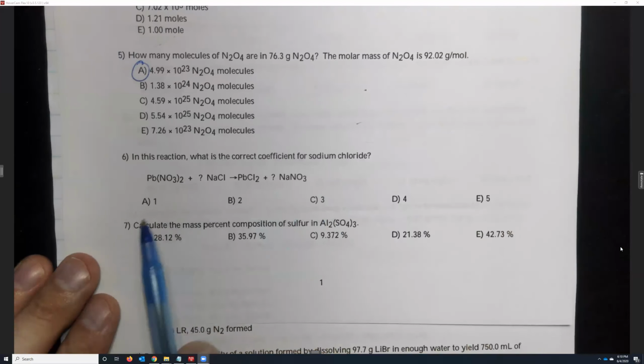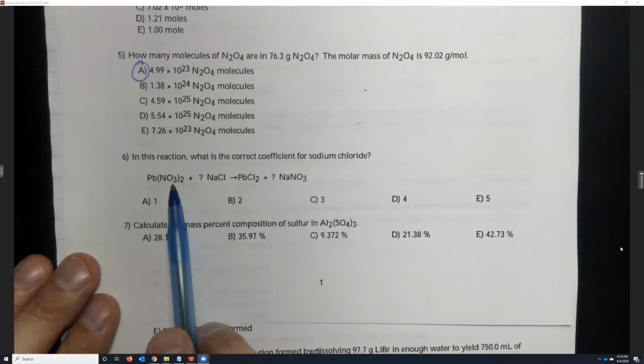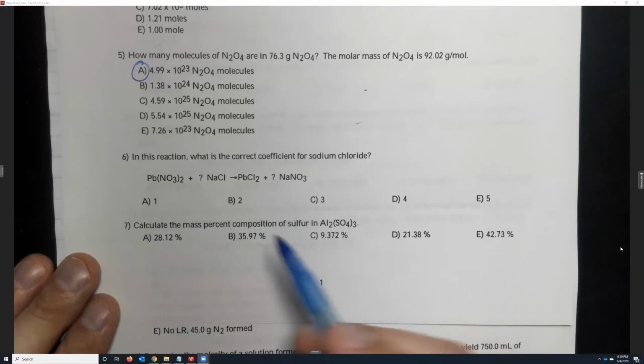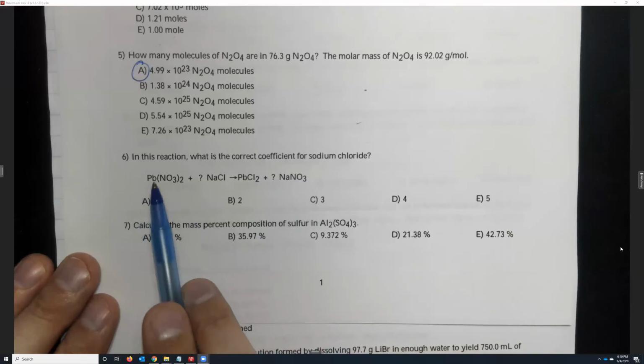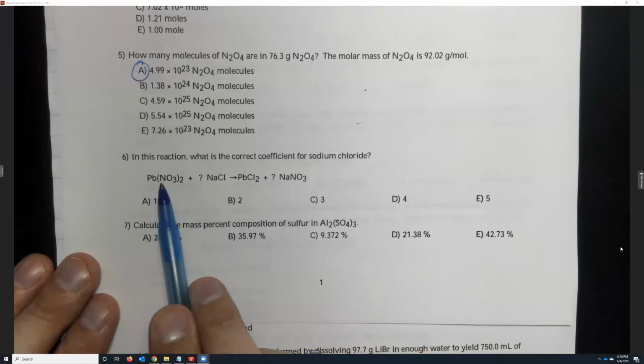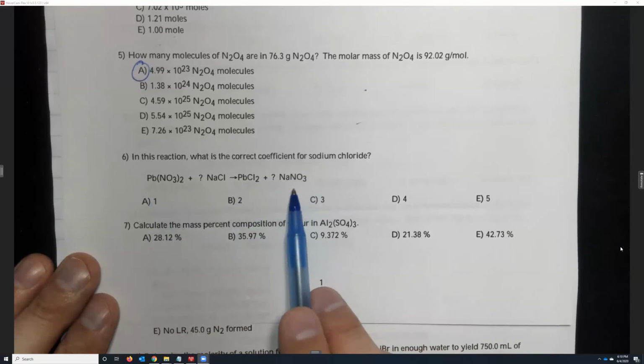Now, the trick to balancing these things is, in this case, it's not a big deal because you only have one polyatomic ion, but if you have multiple polyatomic ions, the trick to balancing them is to make the whole polyatomic ion balanced, not N and O. All right. So in this case, we have one lead on this side, one lead on this side. We're good. We have two nitrates on this side and only one nitrate on this side.